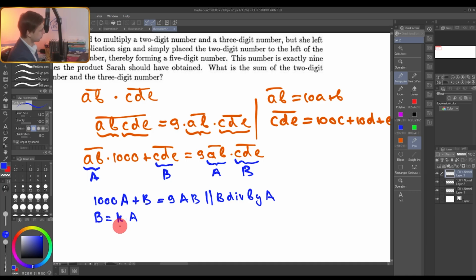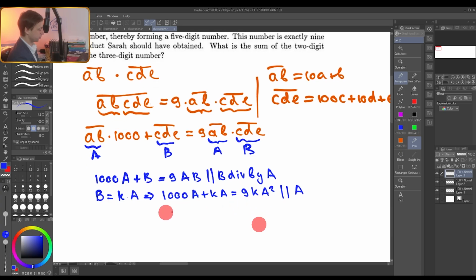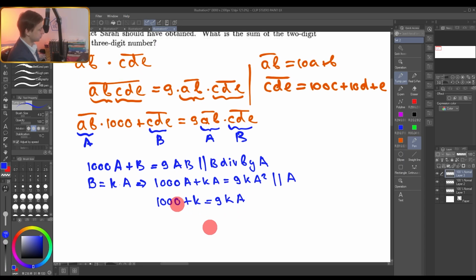So B can be represented as K multiplied by A. So let's substitute it here, and we will have an equation: 1000A plus KA equals 9KA squared. Of course, now we have A everywhere, so let's divide everything by A, and we have an equation: 1000 plus K equals 9KA.